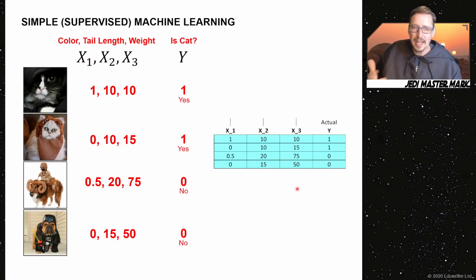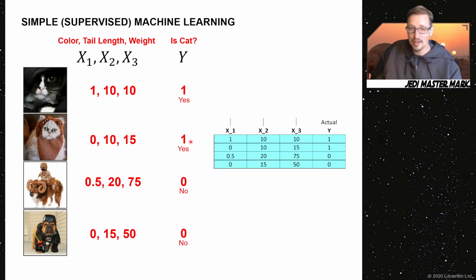Now, if you want to tackle this with a supervised machine learning algorithm, you're going to need a response or a label. So this is your Y, your response. And what this response is: is it a cat? So this is a binary, a yes or no answer. So yes, this is a cat. Yes, this is a cat.